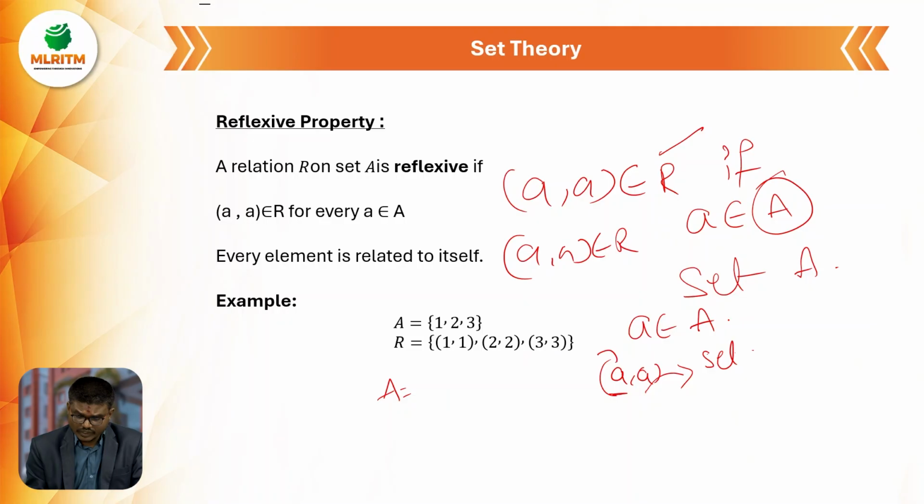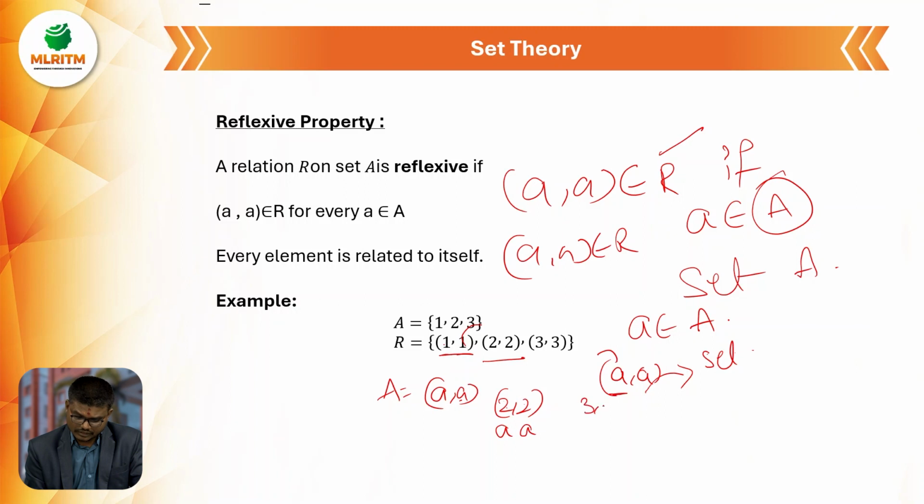Here in the first pair, the first element is from the first set and the second element 1 is from the second set. So (a, a), and the second pair is (2,2), where the first element is a and the second element is also a.